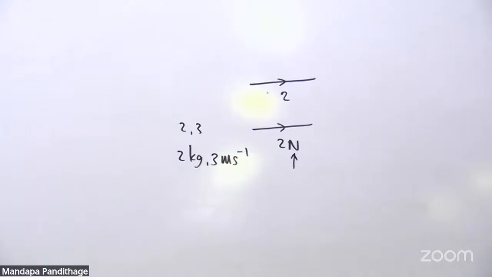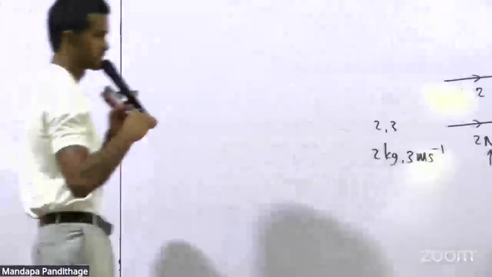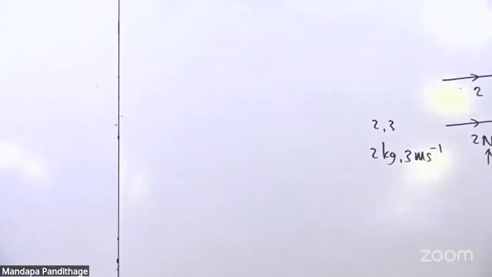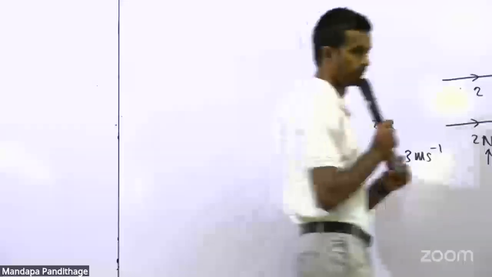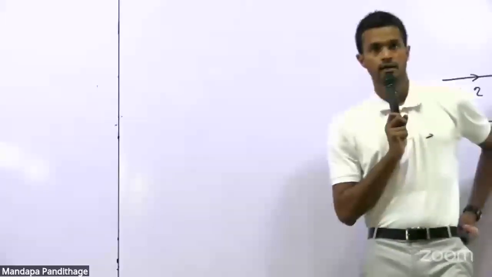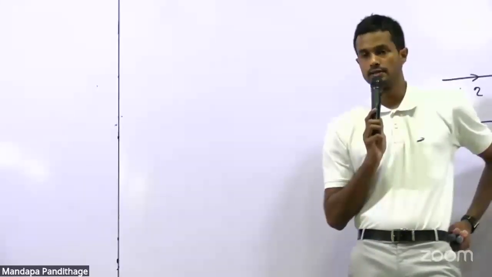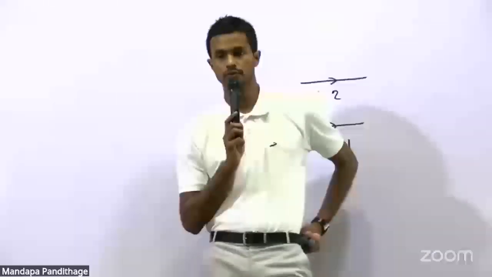If a vector is only given using a magnitude and a direction, it is known as a vector.